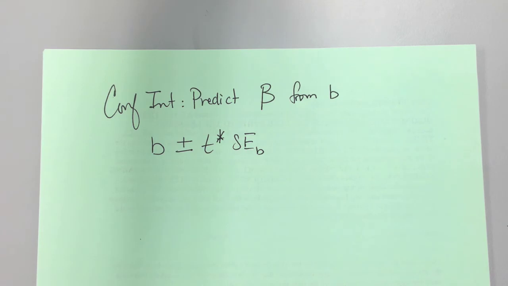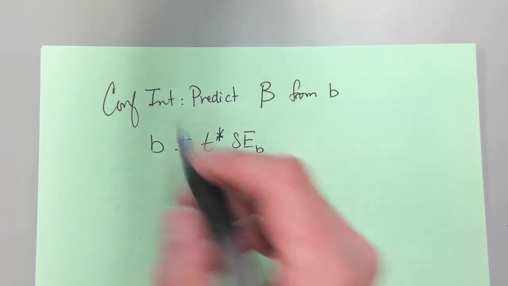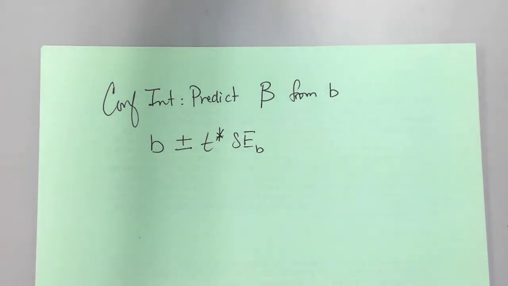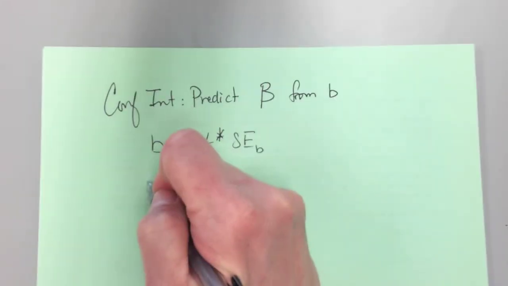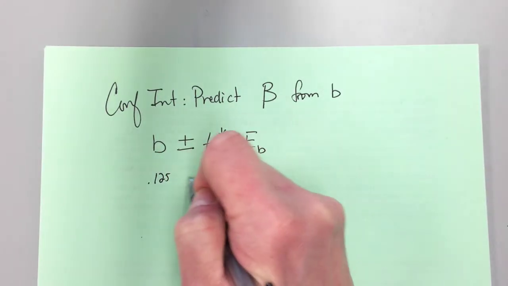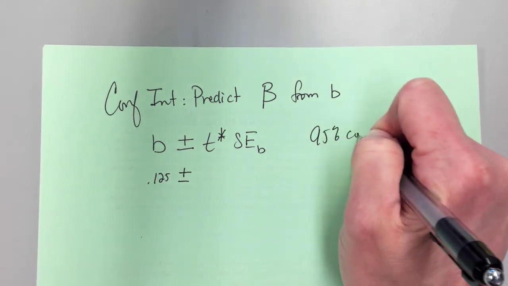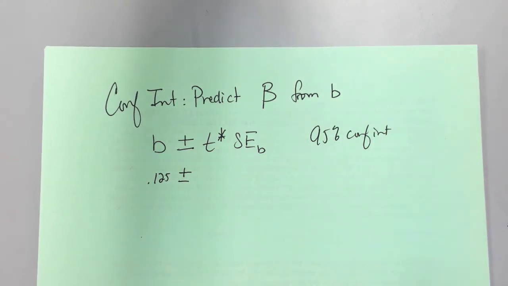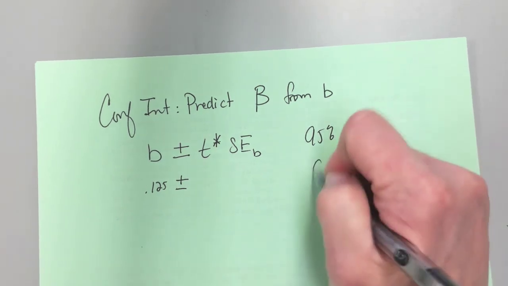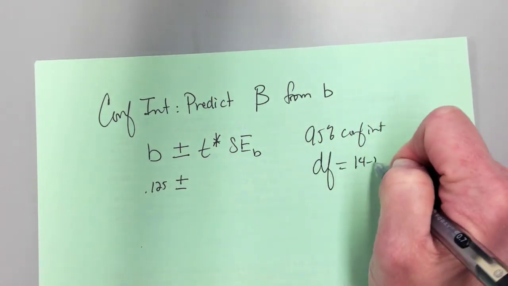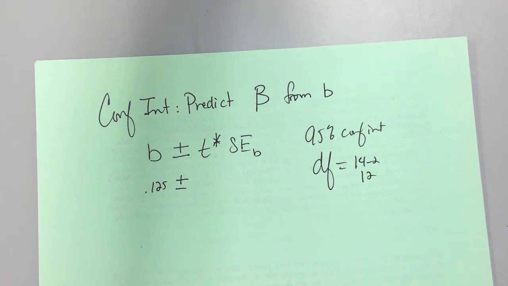You're probably not ever going to know what this is, so just fill in what you know. We can do this, guys. Our B was 0.125 plus and minus. So let's do a 95% confidence interval, with degrees of freedom 14 minus 2, which is 12.